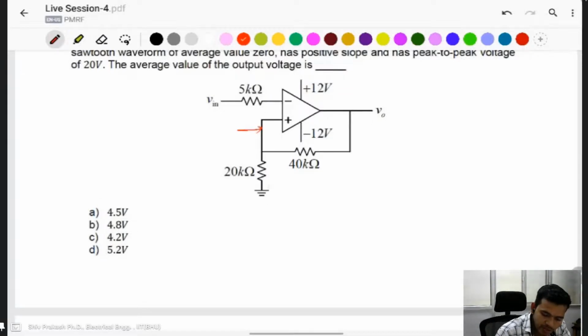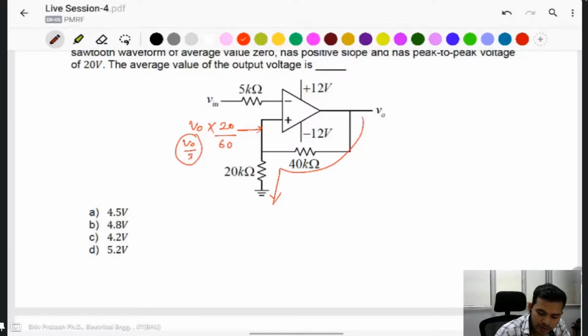You find the current flows like that. So V0 into 20 kilo divided by 60 kilo gives V0 by 3.